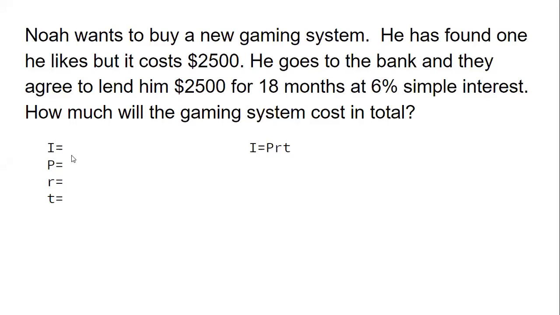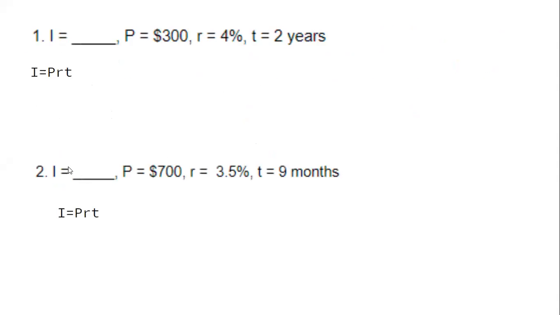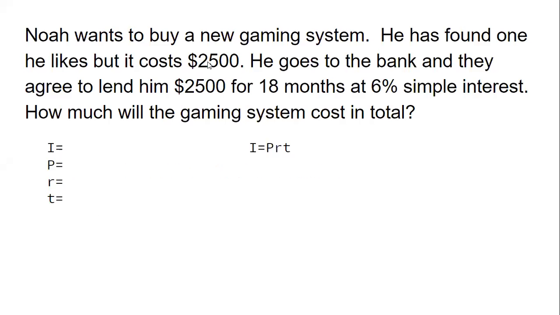So now I'm going to go to my cheat table. Well, I know interest is money and principal is money. So it looks like the only thing in the problem that I have is money is this $2,500. So is that interest or is that principal? What do you think? It's principal. Principal, good.